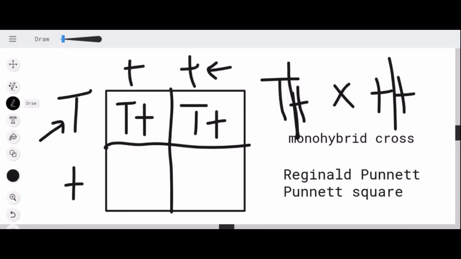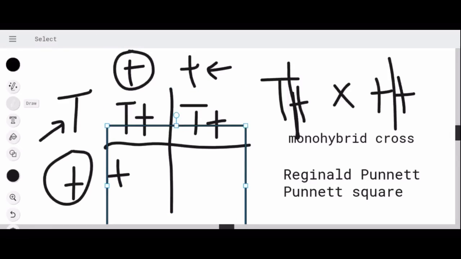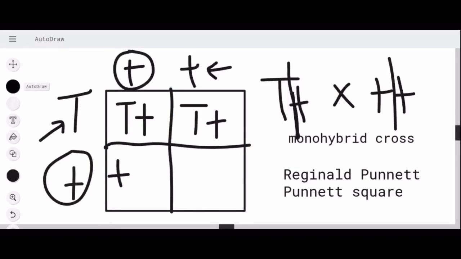You end up with that genotype. That child will also have curly hair. And you're going to do the same thing again with this one and this one. You cross it, you get 2 lowercase t's, meaning the child will have straight hair.